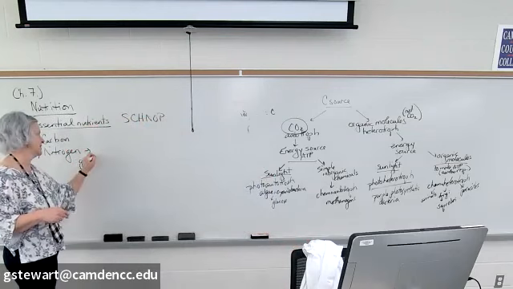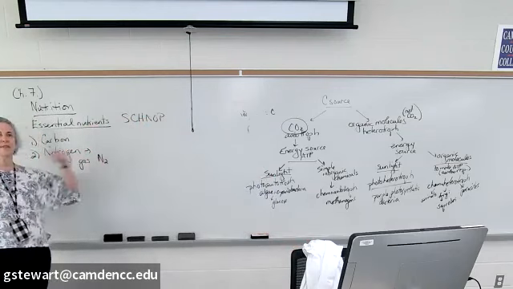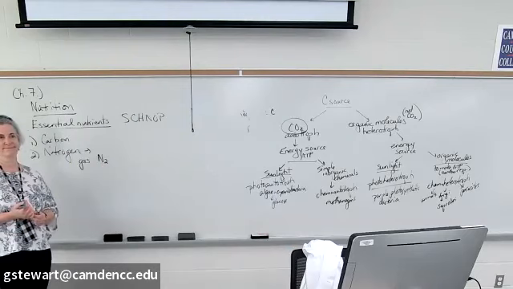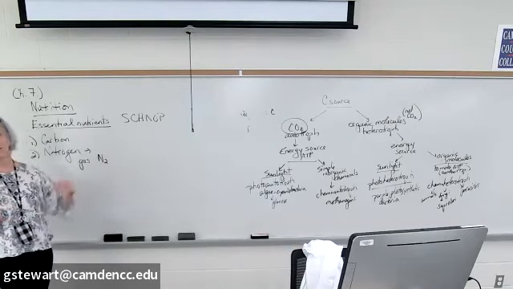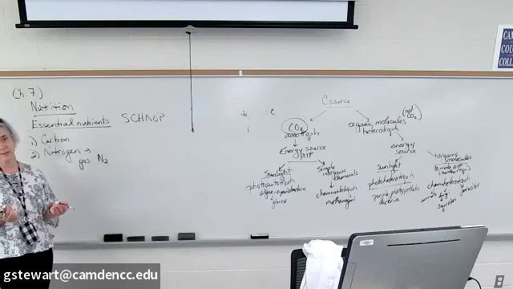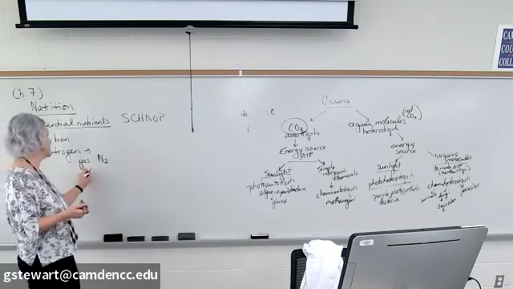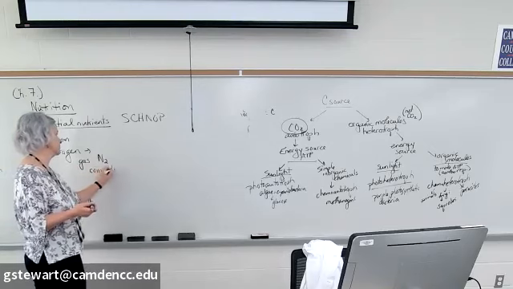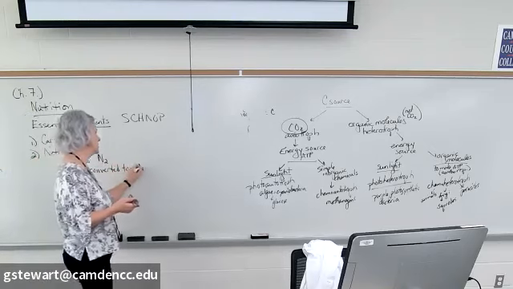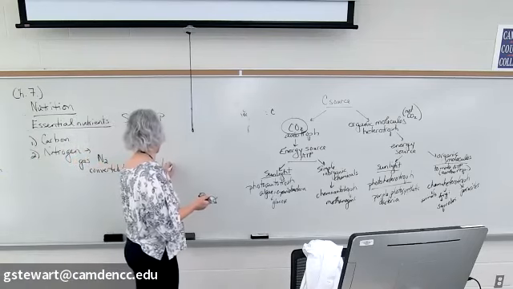Nitrogen gas, N2. 70% of the air in this room is nitrogen gas, and you can't use it. You can't use it to make ATP or as an energy source, and you can't actually use it as a nitrogen source. All the nitrogen has to be converted to nitrates and nitrites.